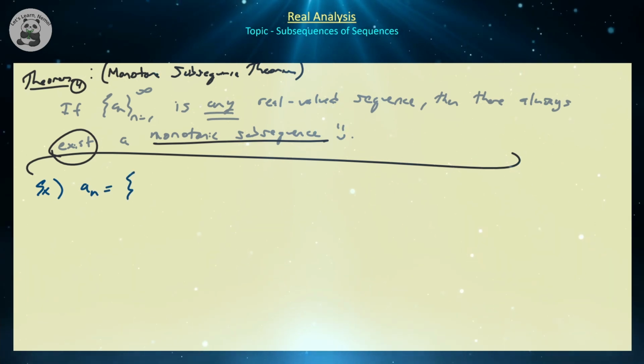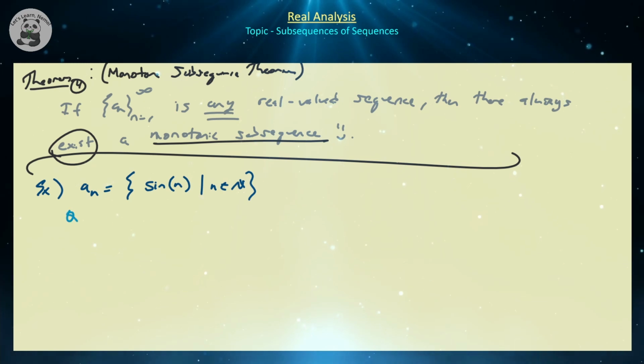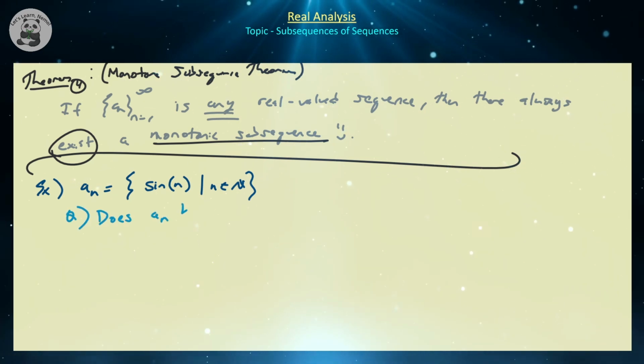So if this theorem is true, what do we get? Let's consider the sequence sine of n, where n is in the set of natural numbers. So the question I propose to you is the following. Does a_n have a monotonic subsequence?